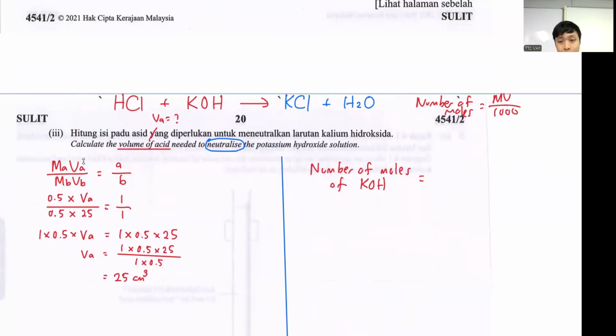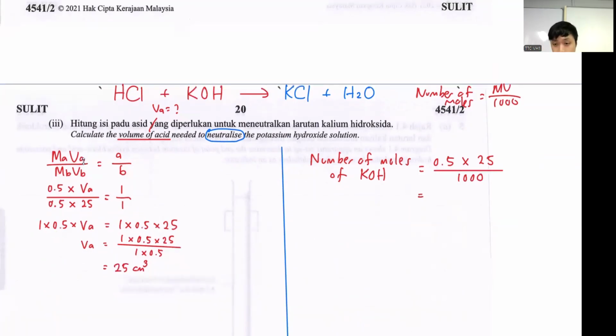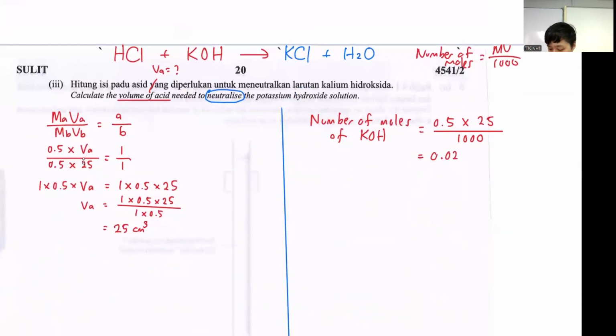Then what you do? You just straight away use 0.5 multiply 25 over 1000. Then you will get 0.025 mole. Eh? No, you will get 0.0125 mole.